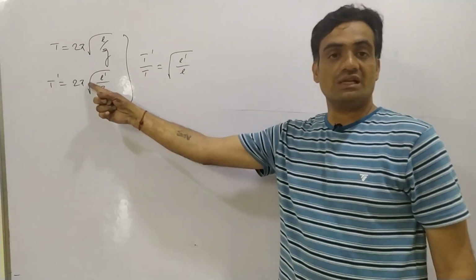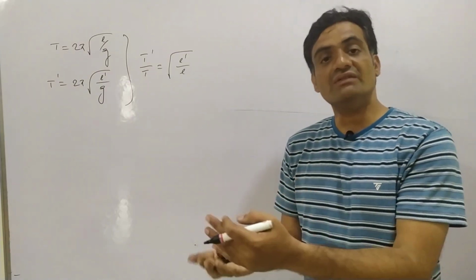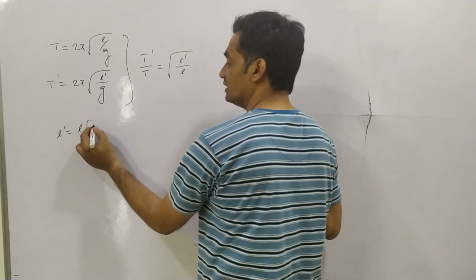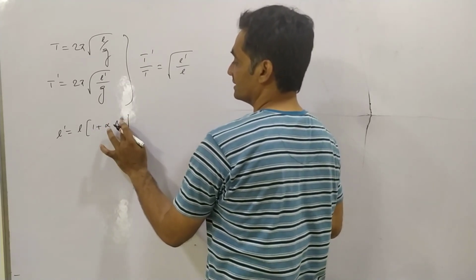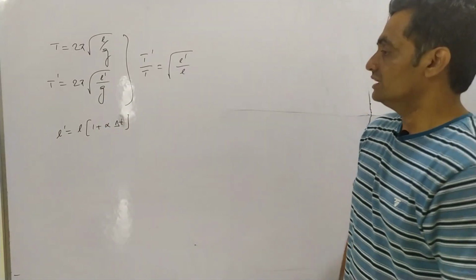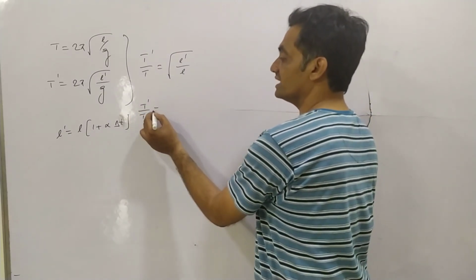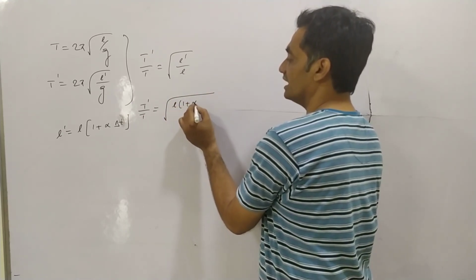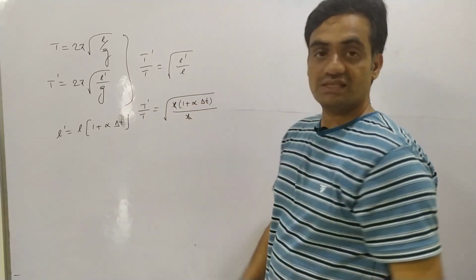Observe that L dash is nothing but the length of the pendulum after increasing the temperature from T1 to T2 degrees Celsius. So the expression can be represented as L dash equals L into 1 plus alpha into delta T. When we substitute this in the expression, T dash by T equals L into 1 plus alpha into delta T by L. Observe that L gets cancelled.